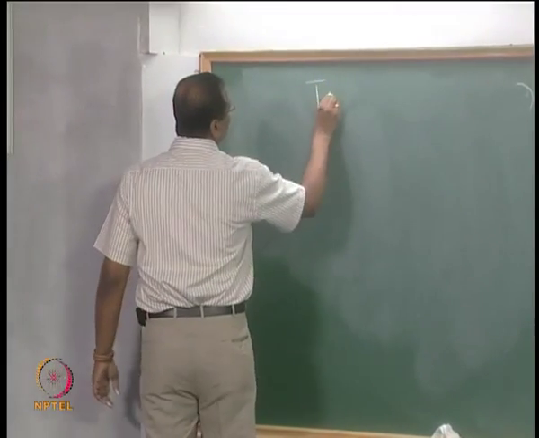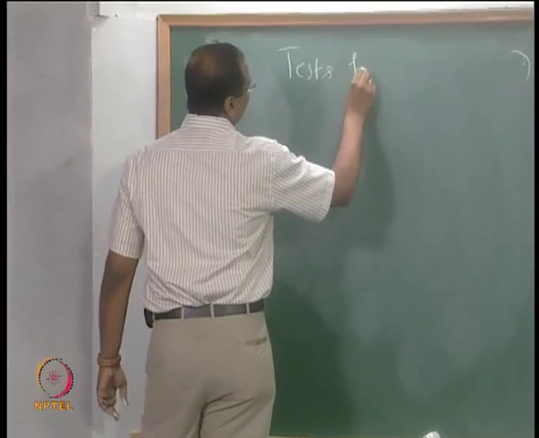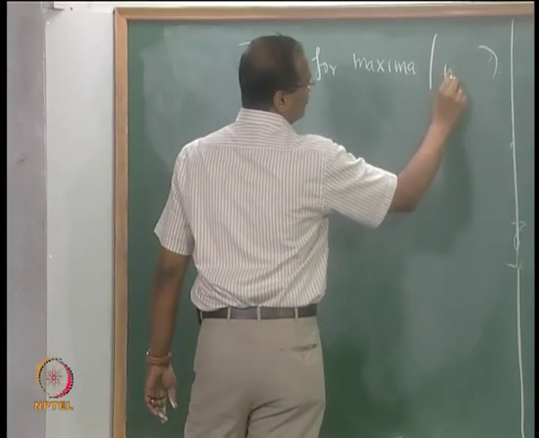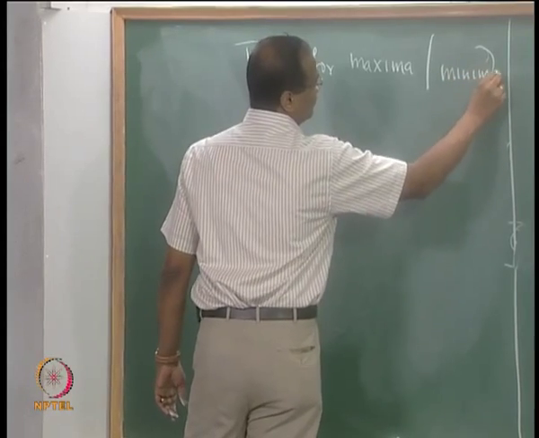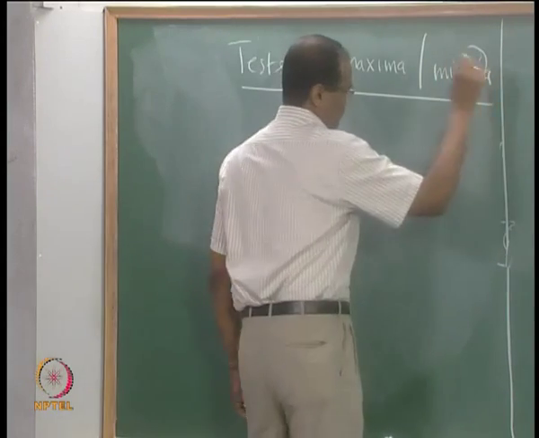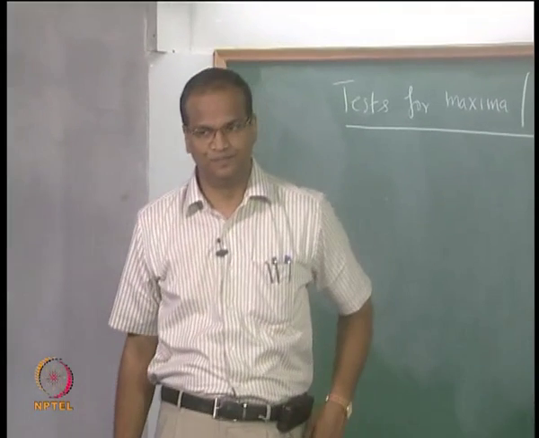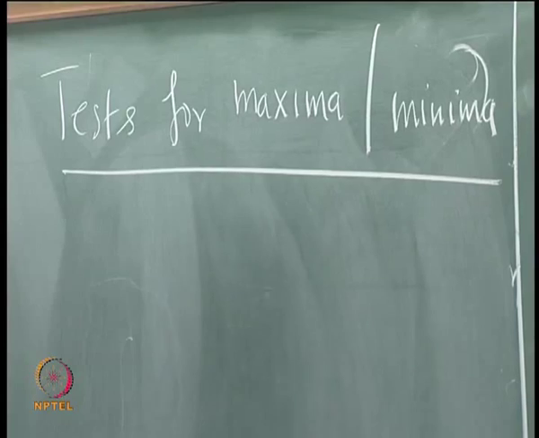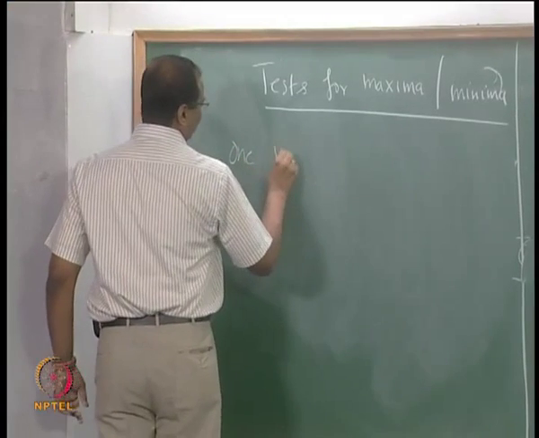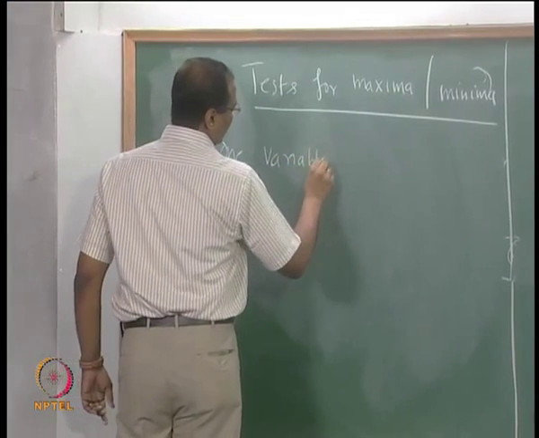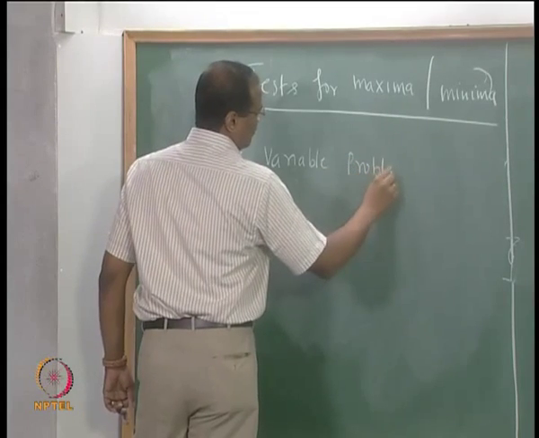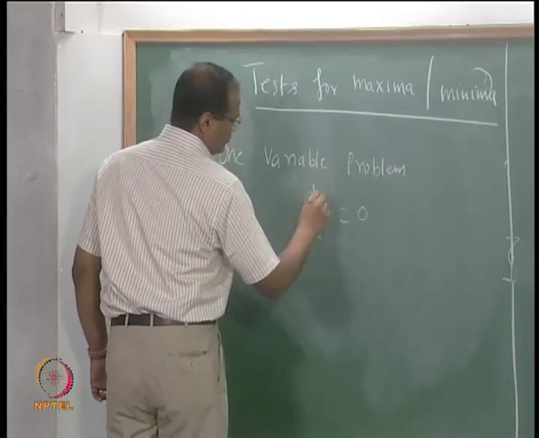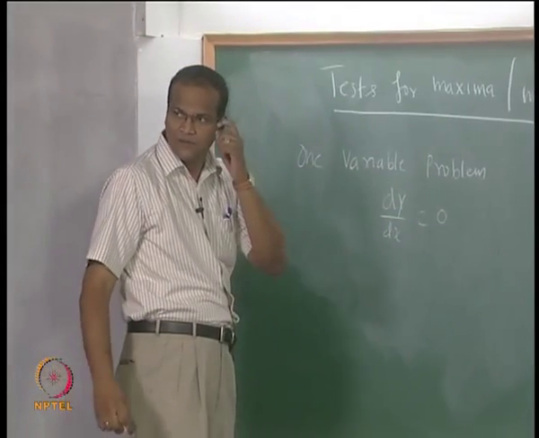So, test for maxima minima, one variable problem: dy by dx equal to 0, agreed, okay.